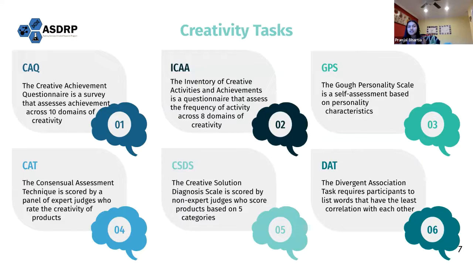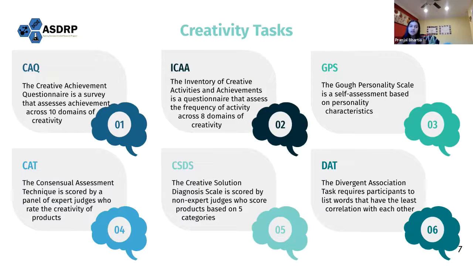The next test is the Consensual Assessment Technique. In this test, subjects are asked to create something. It might be a poem, it might be a short story, it might be some kind of small machine, and experts in the domain of whatever they're asked to create are then asked to evaluate the creativity of whatever product they make. So it's a little different from the rest of the tests because you're evaluating an actual product rather than the steps taken to create that product.